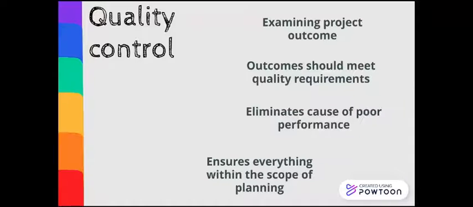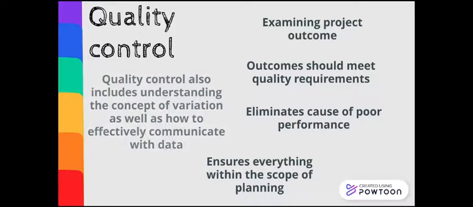And it will always eliminate causes of poor performance. And quality control always ensures everything is within the scope of planning. And quality control also includes understanding the concept of variation as well as how to effectively communicate with the data in the project.